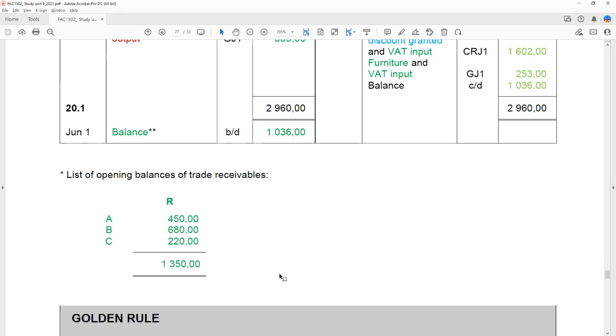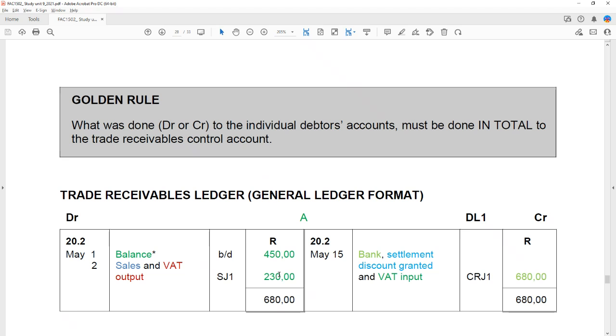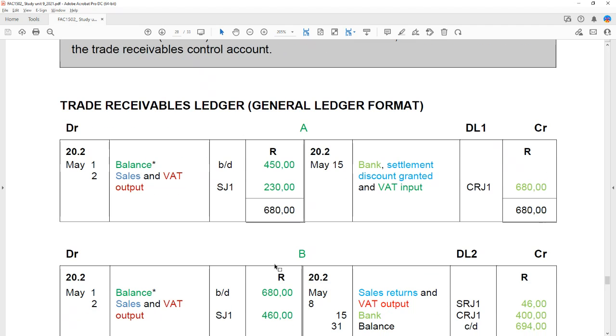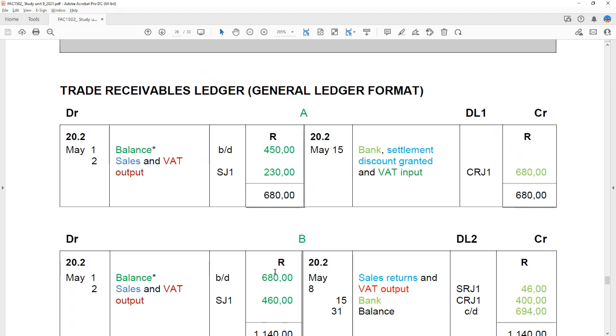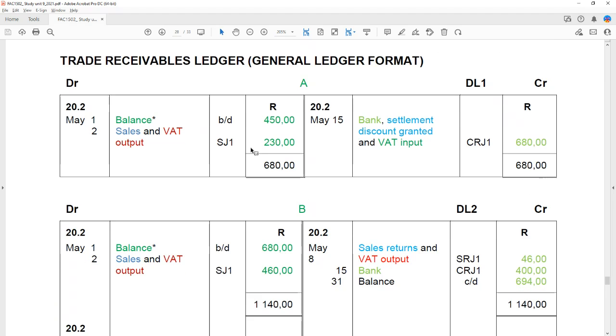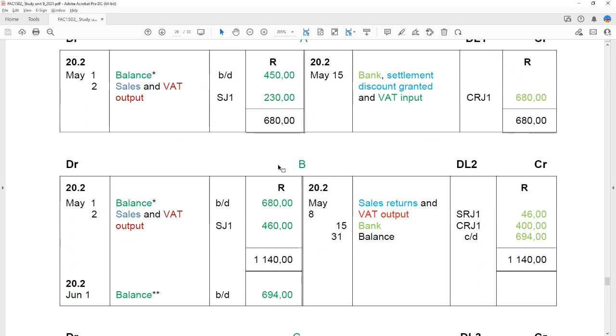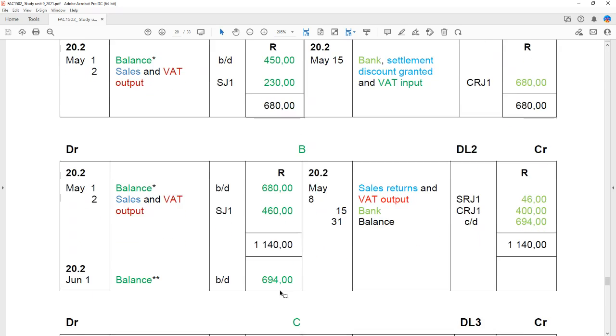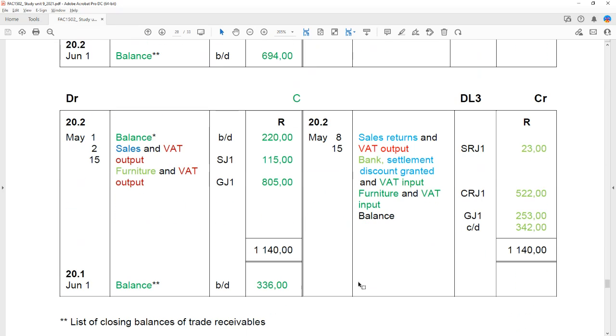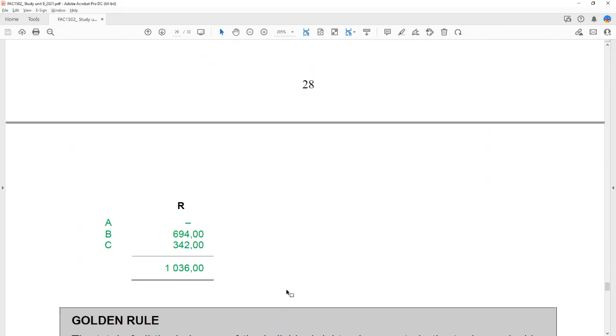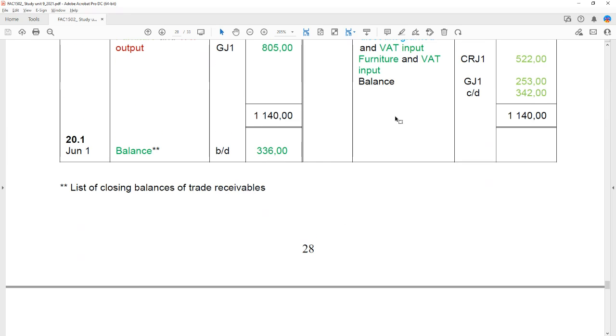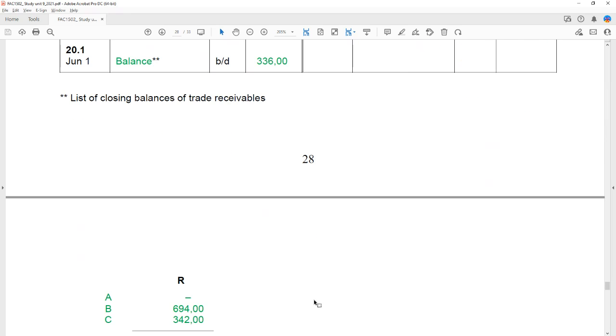So if I then add up my debtors balances as also at the end of May, that must equal 1036. So we said A paid us, so A owes us nothing, B owes us 694, and C we have here as 336 or 342 according to our carry down.